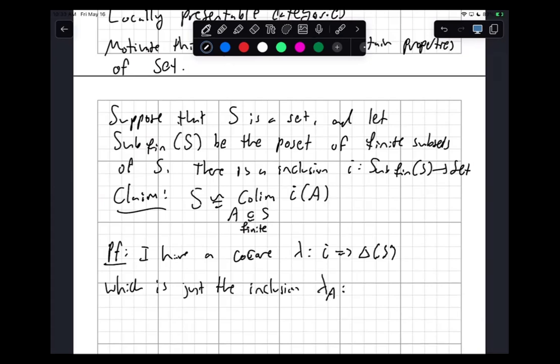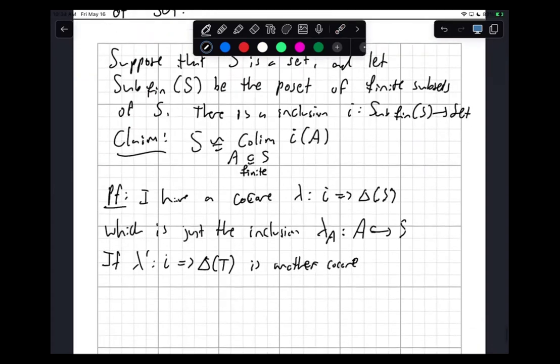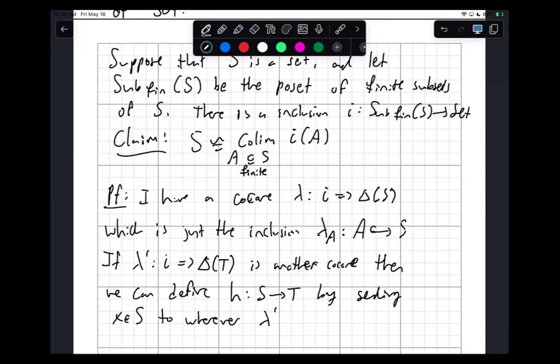I have lambda A from A to S, which is just the inclusion of a finite subset into S. If lambda prime is another cocone, so I guess I'm doing two proofs for you today, then we can define a map from S to T by sending x in S to wherever lambda prime sends the finite subset {x} into T.